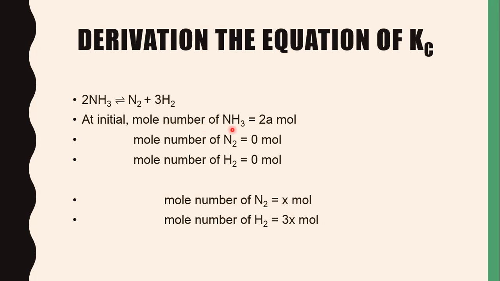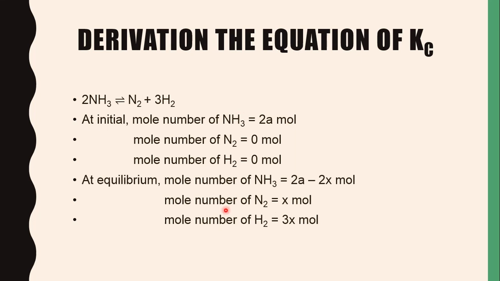But initially the ammonia was 2A moles. So, at equilibrium, the mole number of ammonia will be 2A minus 2x, because 2x moles of ammonia are used to produce nitrogen and hydrogen, and initially it was 2A moles. And let the volume of the gas mixture be V liter.